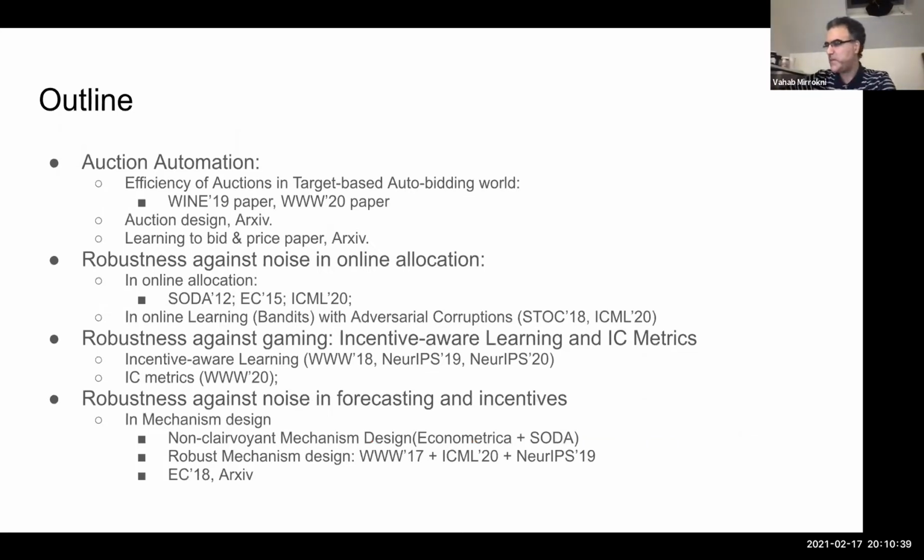And for this reason, I divided the talk into 4 major parts. The first part is going to discuss the auction automation topic and basically the research questions in this area. The second part and the other parts discuss robustness against different types of mistakes in the system, against noise, against gaming strategies, and so on and so forth.